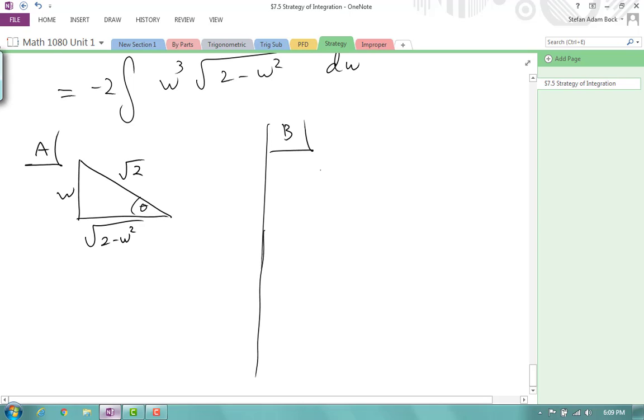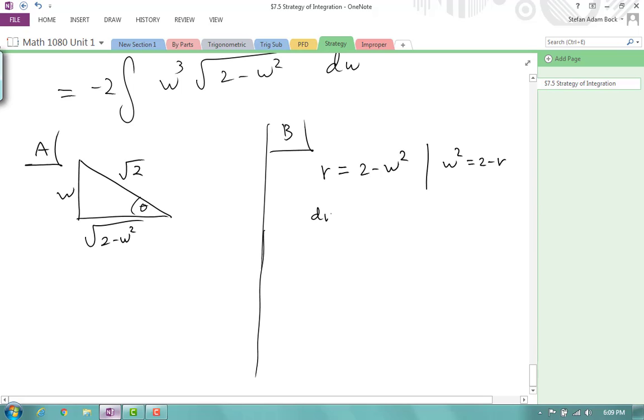Why don't we just use the letter r? R equals 2 minus w squared, which means that w squared is equal to 2 minus r. I know I'm going to need that because the derivative of w squared is only going to take care of one w out here, but I'm still going to have a w squared left over.